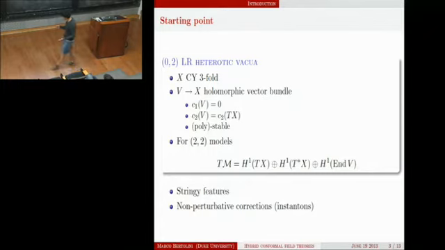And one may wonder, what does the moduli space M look like? Well, for (2,2) models, we have this nice decomposition in which we recognize the splitting between the complex structure moduli, the Kähler moduli, and the bundle moduli.